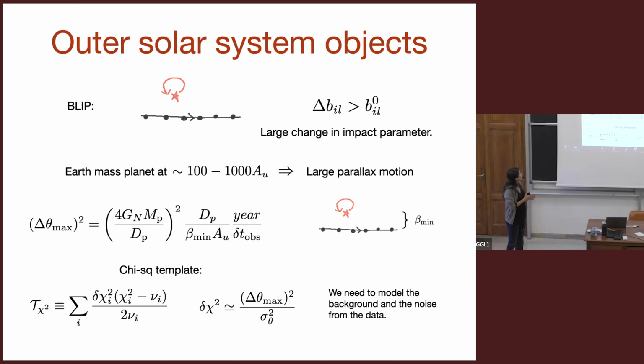And finally, there is another type of lens that we can look for. This is on our to-do list: potential Planet 9, the existence of which has been postulated because of the clustering of orbits in the outer solar system.